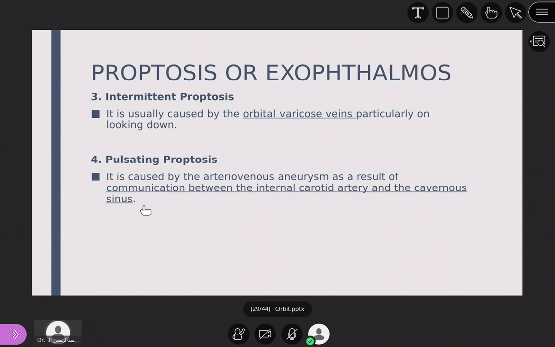We call this CC fistula. The first C is the carotid, the second C is the cavernous, and fistula means there is communication between the carotid and the cavernous. This will cause proptosis, but it's pulsating proptosis because of the carotid artery.